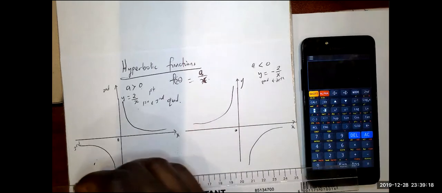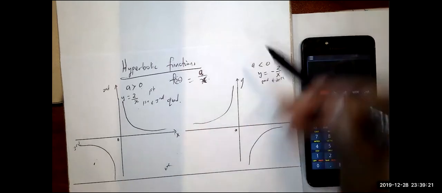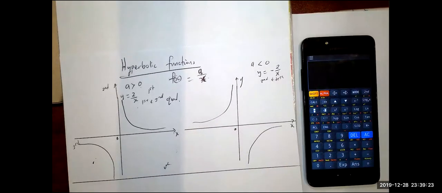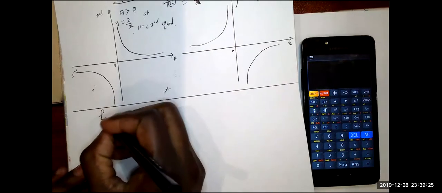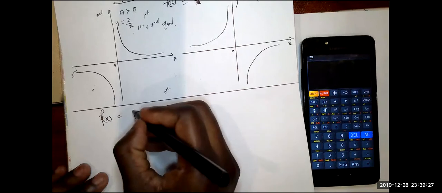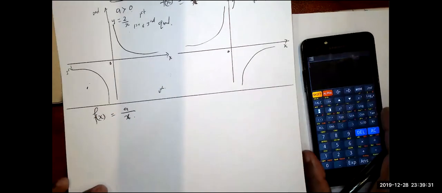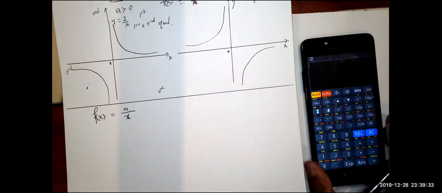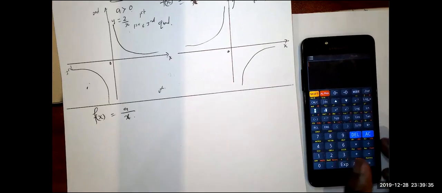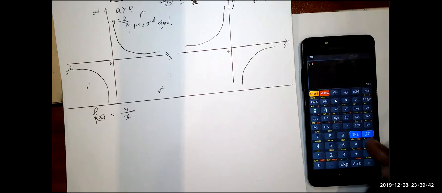Remember the general graph is f of x equals a over x. And you know that anything divided by 0, say 9 divided by 0, gives you an error.